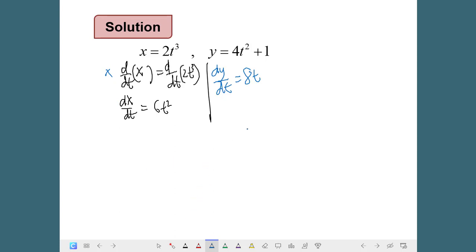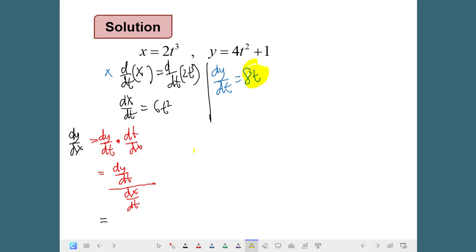To find dy/dx, dy/dt over dx/dt, substitute 8t over 6t squared, and simplify to 4 over 3t. So this is dy/dx.